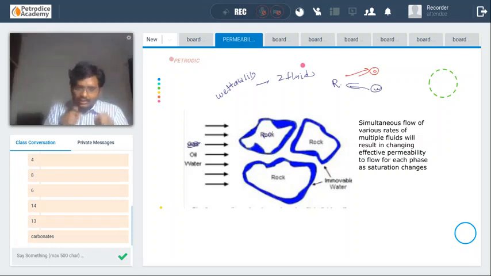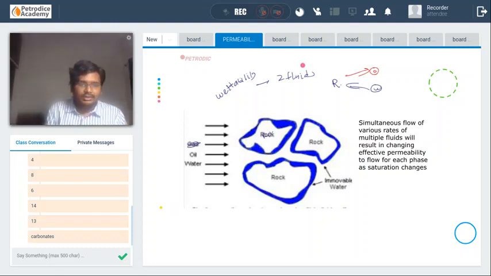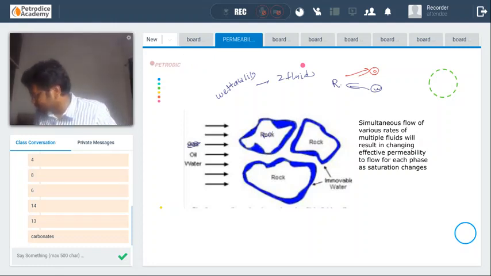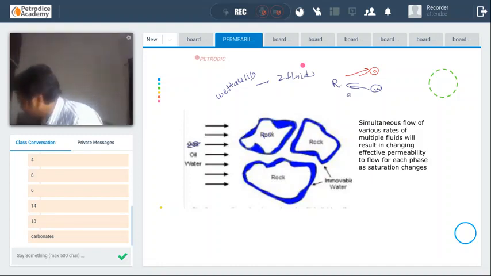That means the force present between the rock and the oil is a dispersive force. It is not an attractive force. It is pushing away each other. Repulsive force. This is attractive, this is repulsive.